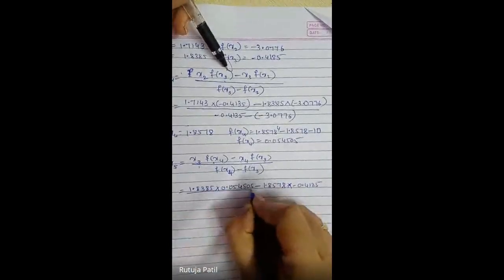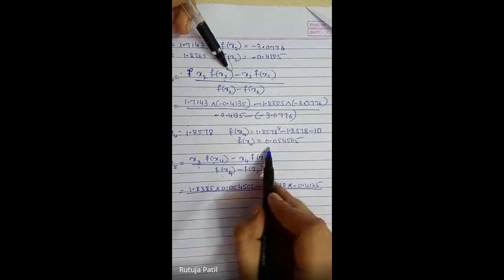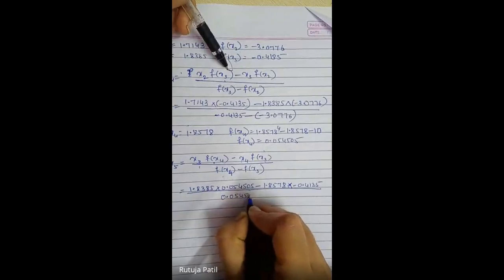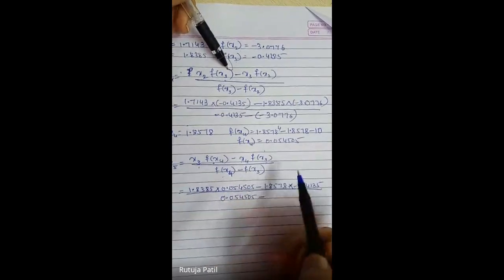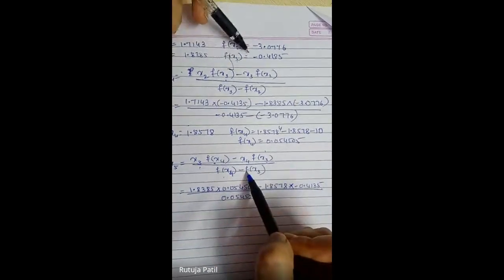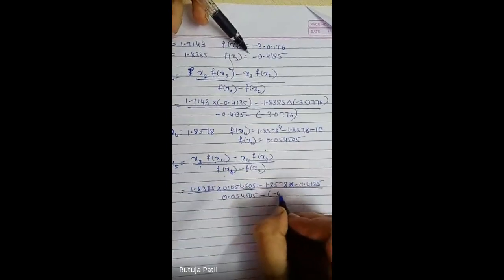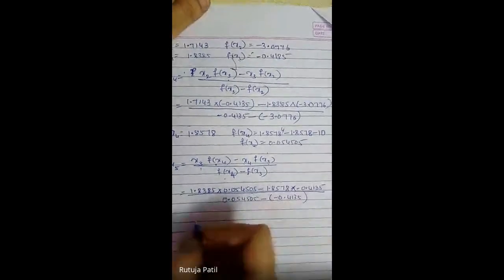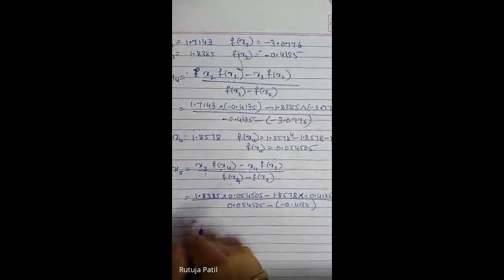So divided by f of x4, that is 0.054505 minus f of x3 is minus of 0.4135. All right, so let's calculate this.